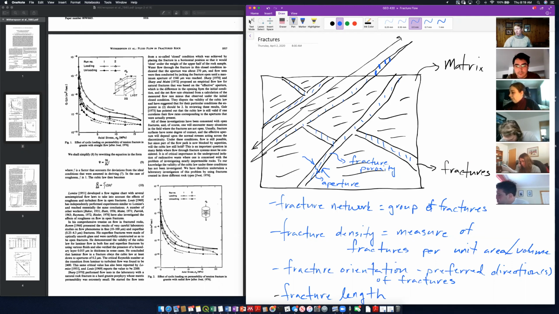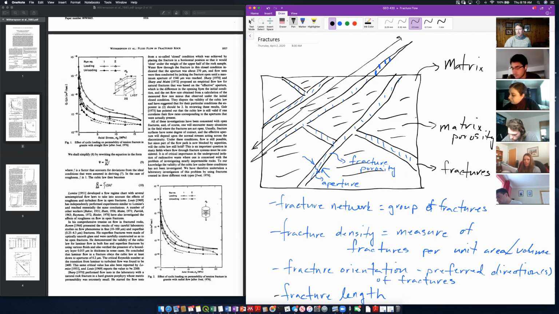But really what we're talking about is fracture density then. Okay, so fracture porosity is the porosity of the fracture. Conversely, we'll often talk about matrix porosity, which is the porosity of the matrix material.